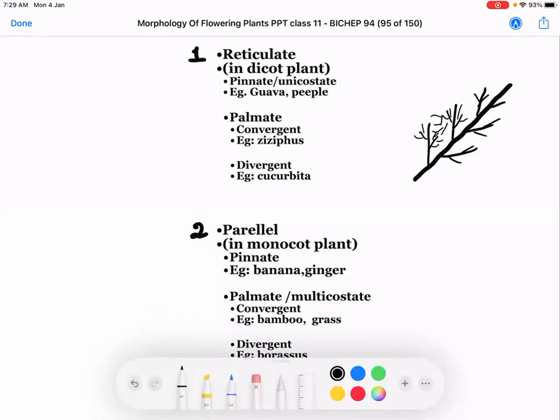So it is forming a net-like or reticular structure. That's why this kind of arrangement of veins is known as reticulate.